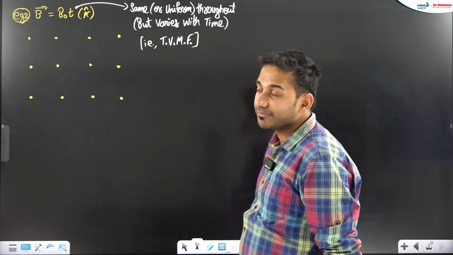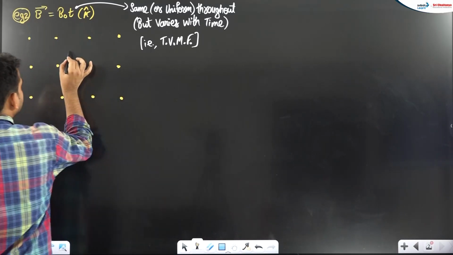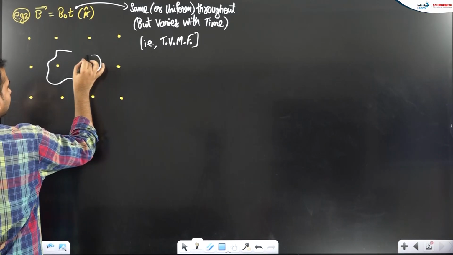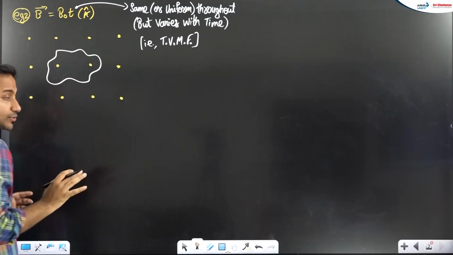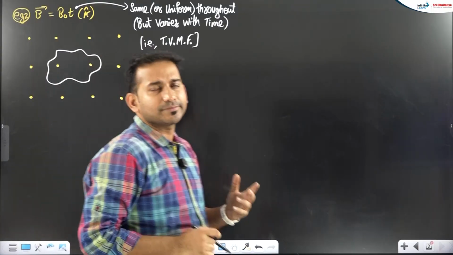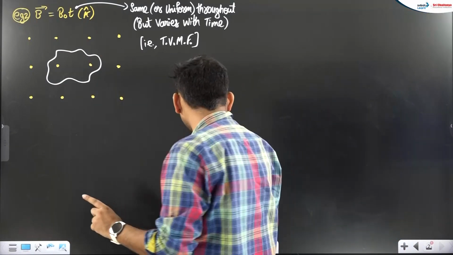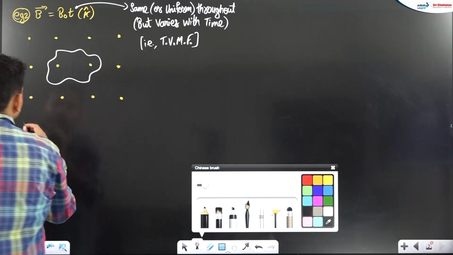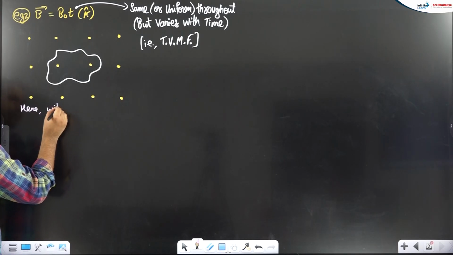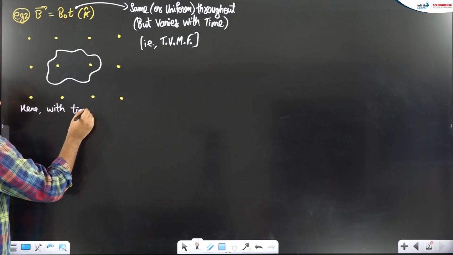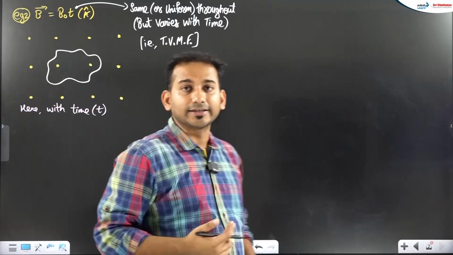What do we call it? TVMF, time varying magnetic field. And suppose in this magnetic field there is a loop, an arbitrary, randomly shaped closed loop. The question is again the same, sir. Determine the direction of induced current. So how to judge that? You will say here, with time t, time will always keep on going. Time can never reduce, time will always keep on increasing.